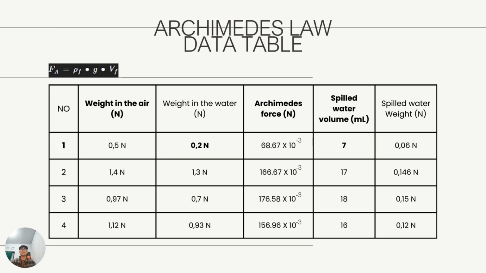The second one is 17 milliliters, converted to cubic meters, which is 17 times 10 to the minus 6. The result is 166.67 times 10 to the minus 3. The third one is 18 milliliters, with the result of 176.58 times 10 to the minus 3. The fourth and last one has the result of 156.96 times 10 to the minus 3.